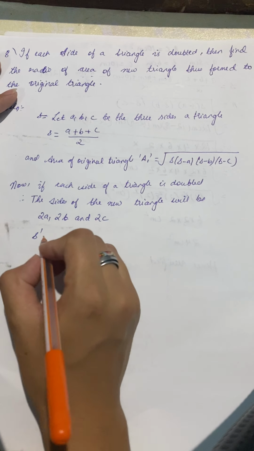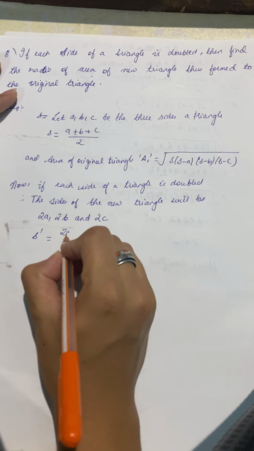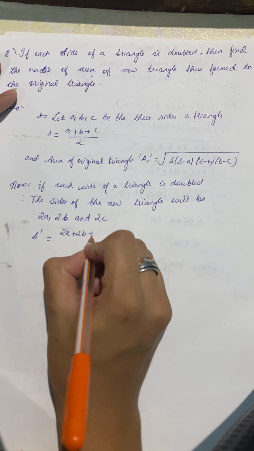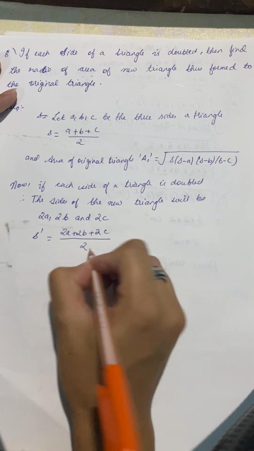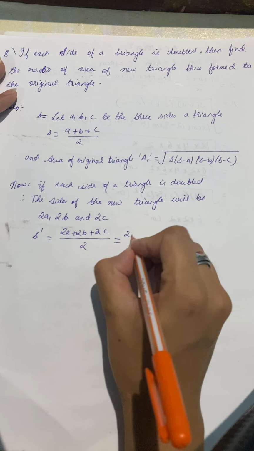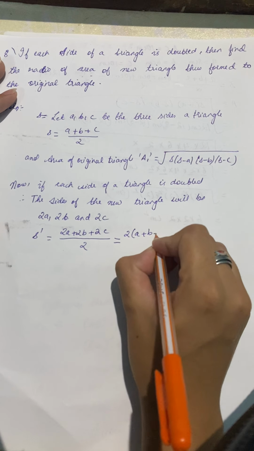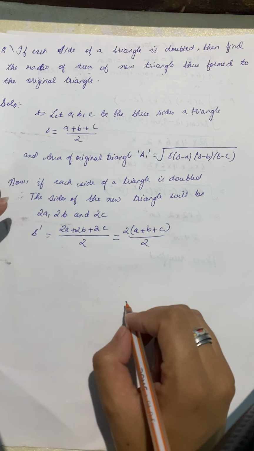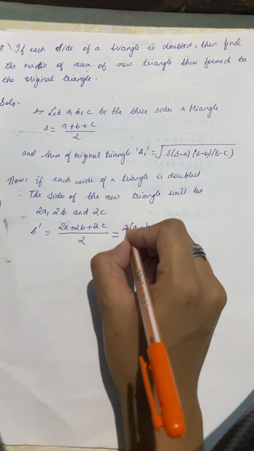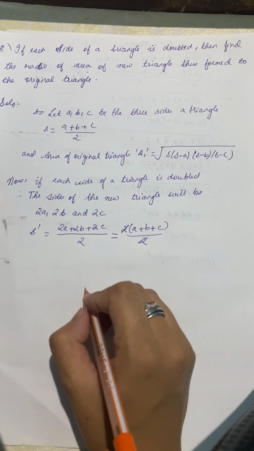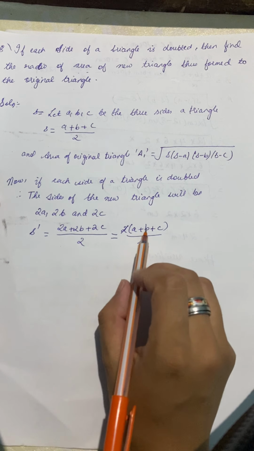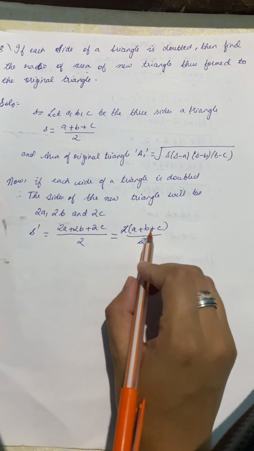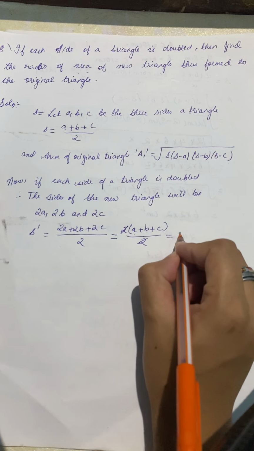That means this will become 2A plus 2B plus 2C divided by 2. Now you take 2 common, 2 of A plus B plus C divided by 2, so you can cancel them out. Now you look at this, A plus B plus C. Can I write this as 2S?